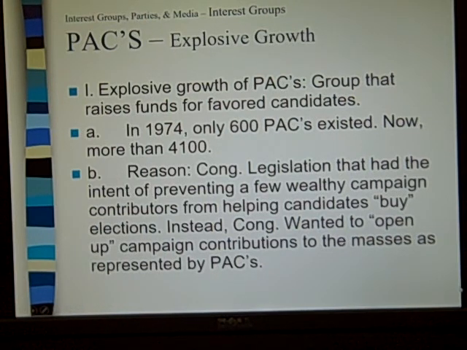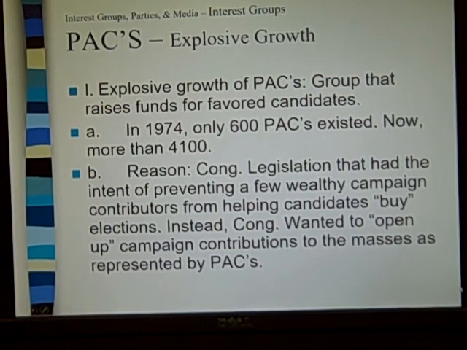So, when we go back and we look, political action committees are interest groups. Treat them as interest groups. Understand that all political action committees are interest groups. Not all interest groups organize themselves as political action committees. Do we understand that? We've all taken the SAT, yes? Or at least a PSAT. We understand that logical progression, right?